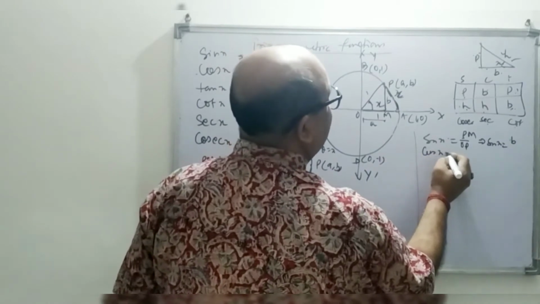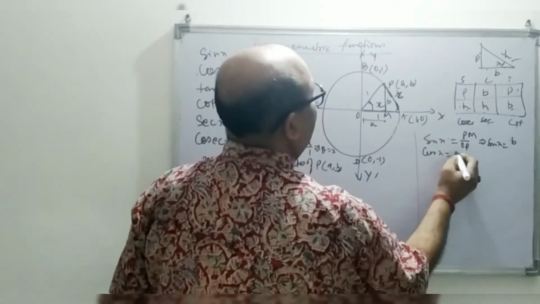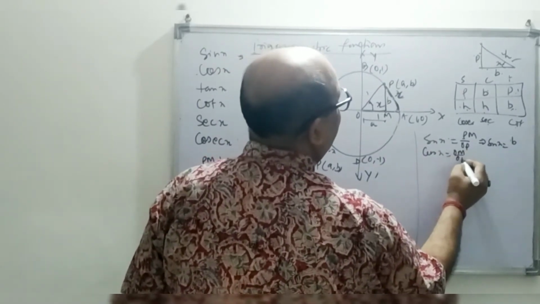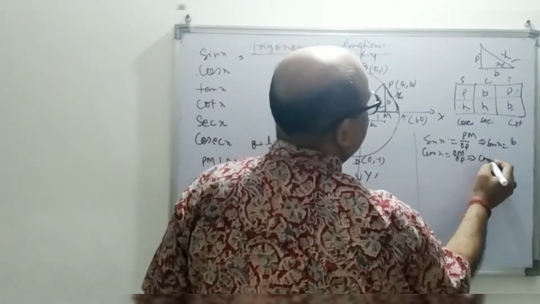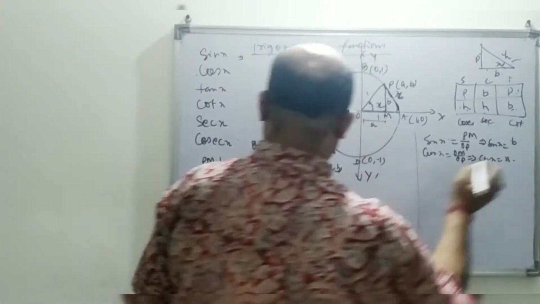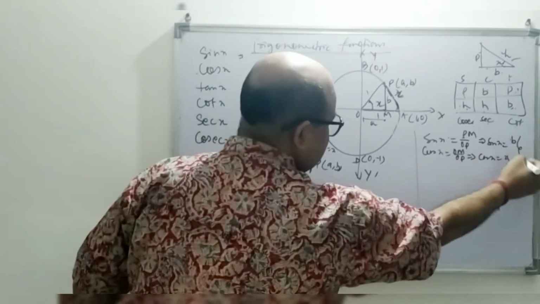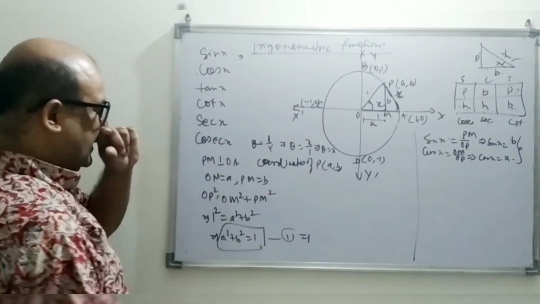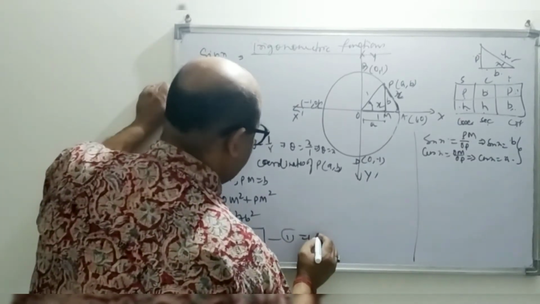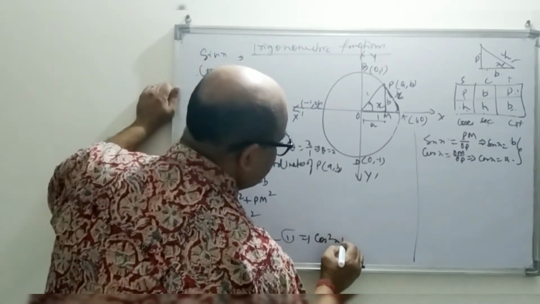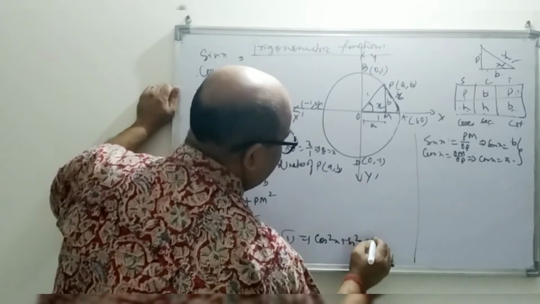Similarly, cos x equals OM upon OP, that is cos x equals a. So from here we get the relations about sin x and cos x: cos square x plus sin square x equals 1. This is one identity.